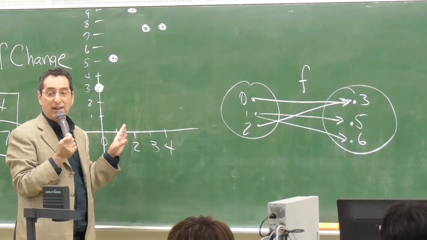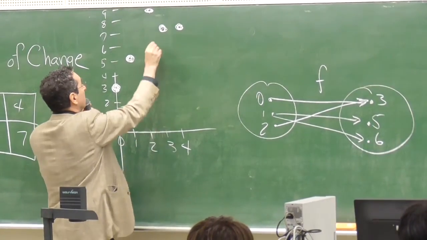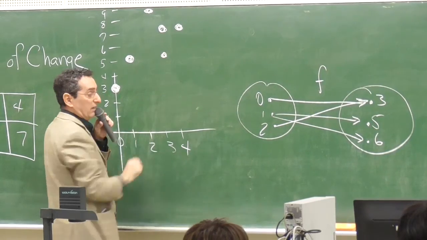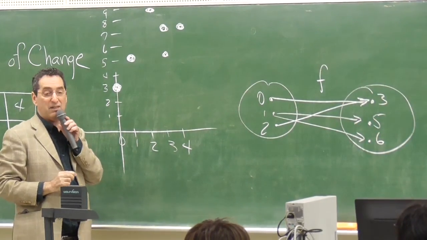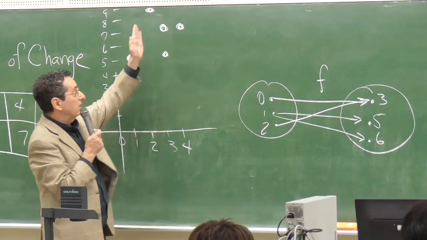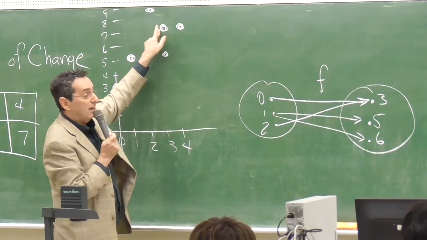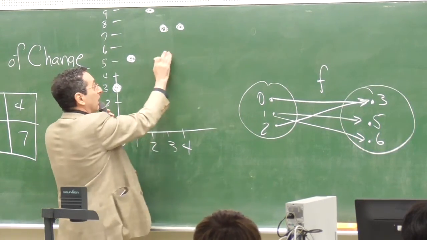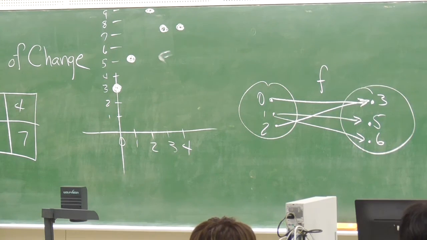That's not what's not allowed. What's not allowed is 3 goes to 7 and 3 goes to 5. That's the vertical line test. That's why it works: if you draw a vertical line here, you get 3 going to this and this. That's not okay. So this is a function. But that's not what we're here to talk about.